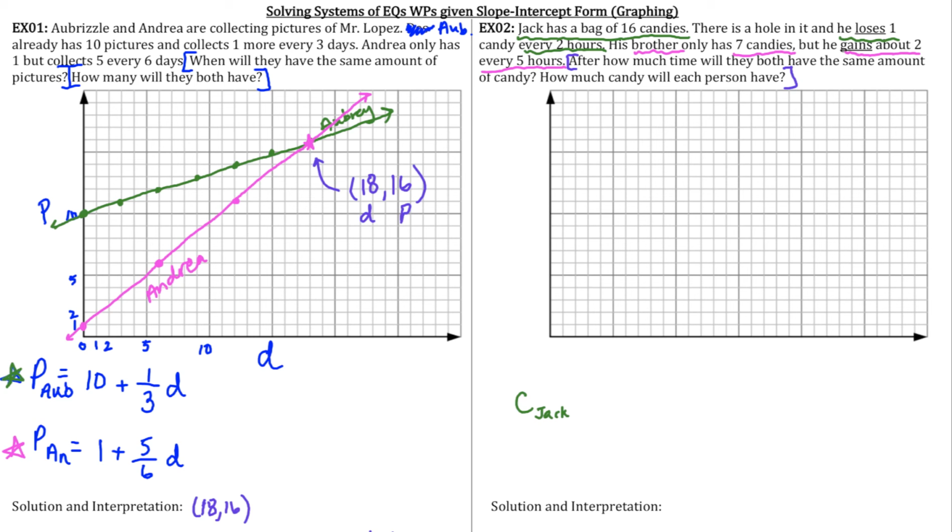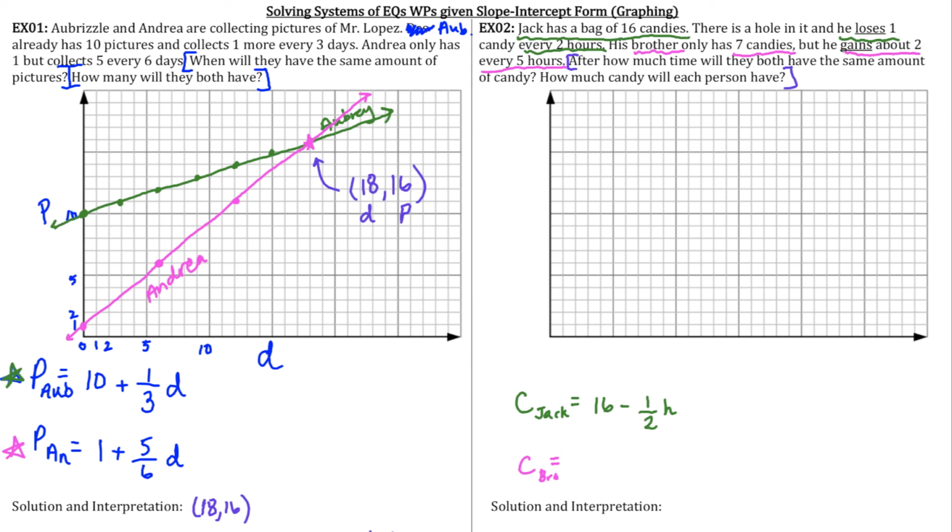Okay. So the number of candies Jack has starts off with 16. But there's a hole, so he loses. So the amount of candy he has decreases by about 1 every 2 hours, so a rate of about half a candy every hour.